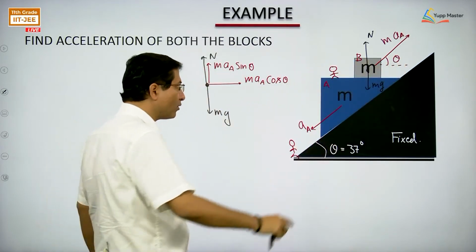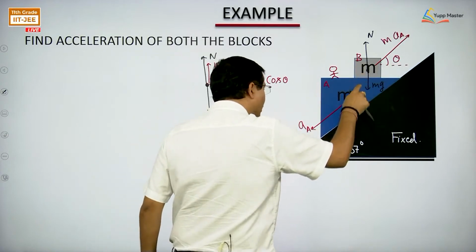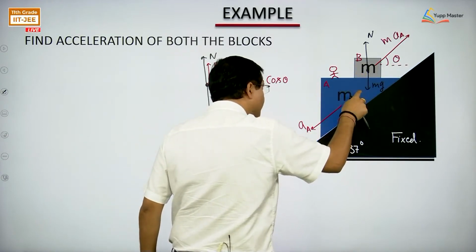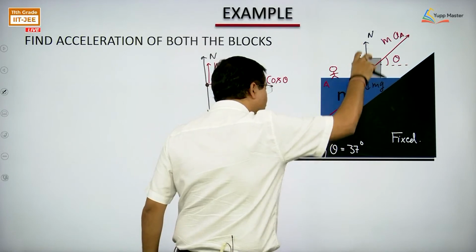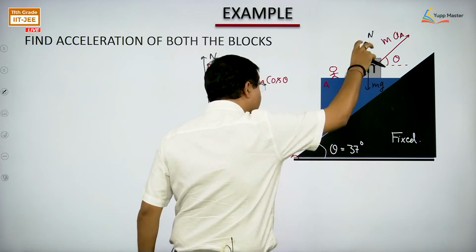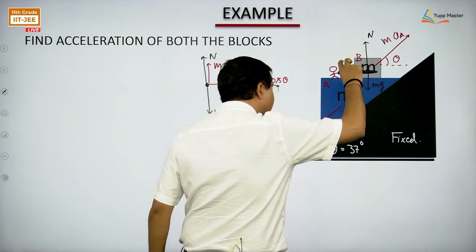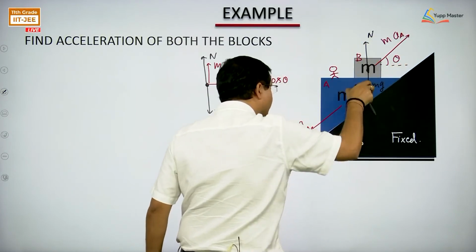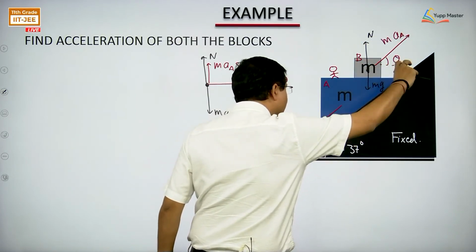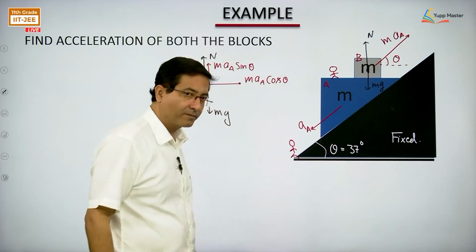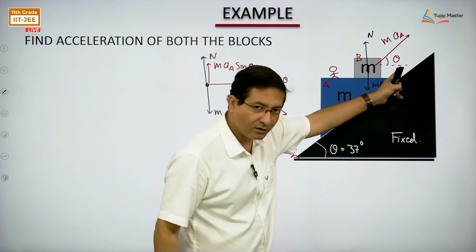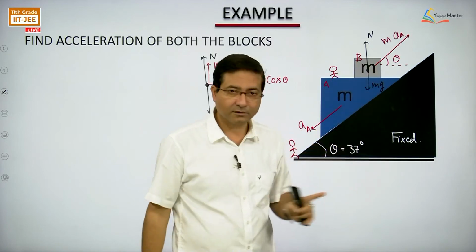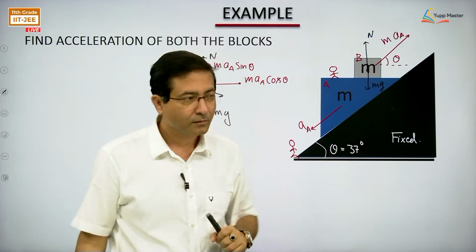And as block B always remains in contact with block A, he is not going to observe any acceleration in this direction. So he will write one equation for this motion and he will write one equation for this direction. In this direction there is acceleration, so Newton's second law. This direction Newton's second law, and in this direction Newton's first law, right?